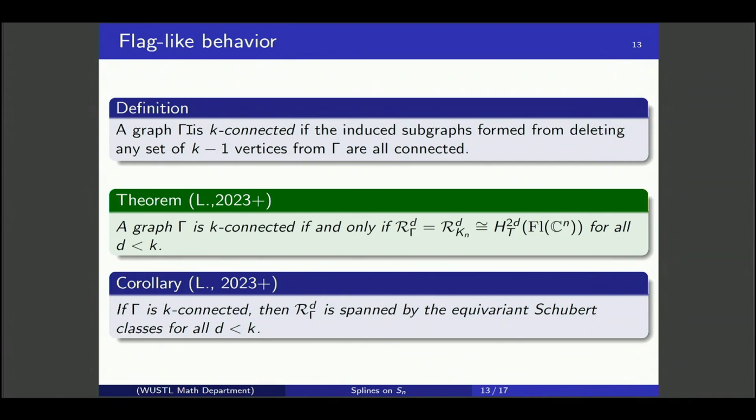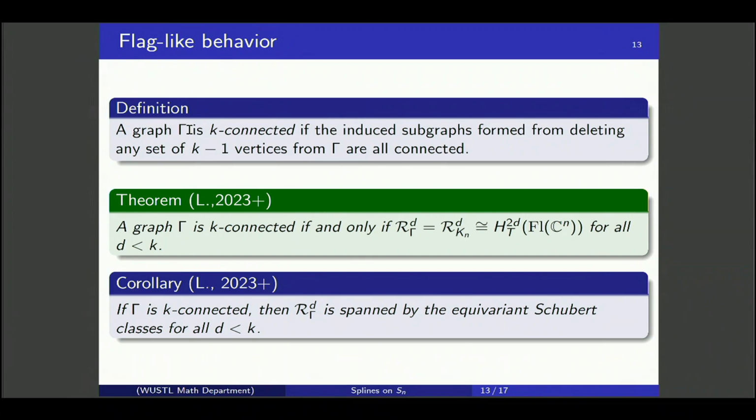This turns out to be an exact characterization of when the dth graded piece of a ring of splines is isomorphic to the one for the complete graph, the T-equivariant cohomology of the flag variety.